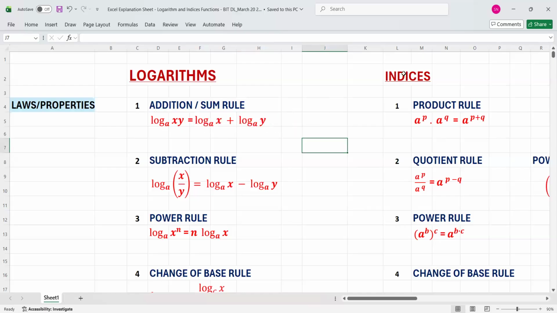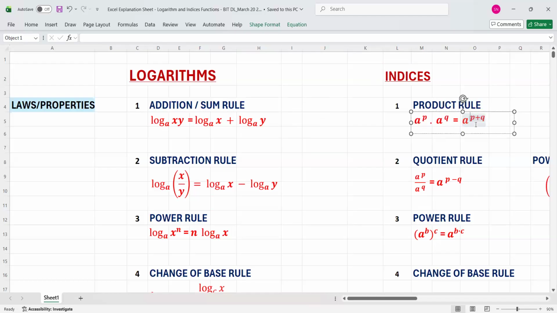Now, its exponential component is that when you have a number a raised to the power p times another number a raised to the power q, again, it means that you will sum the powers. So multiplication again in exponents, two bases with different powers, when they are multiplying, can be added on the right-hand side.